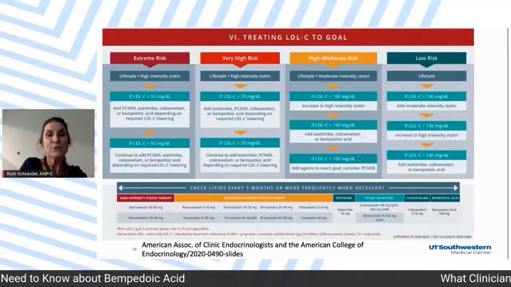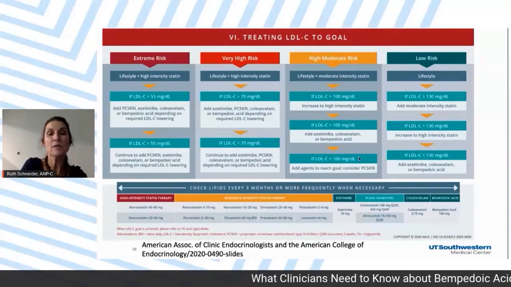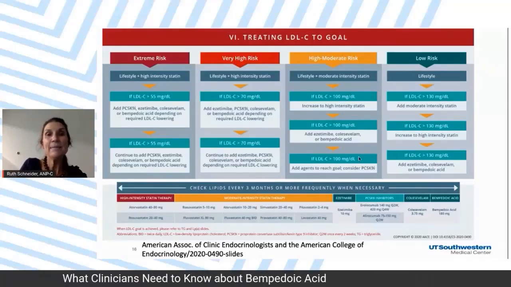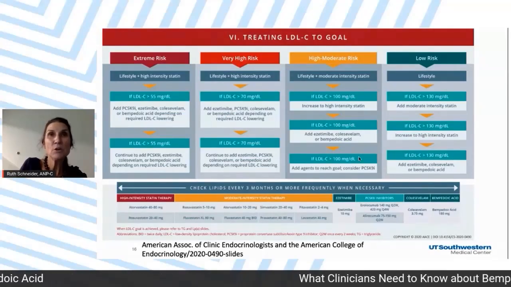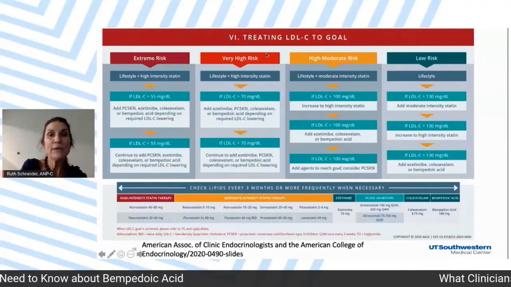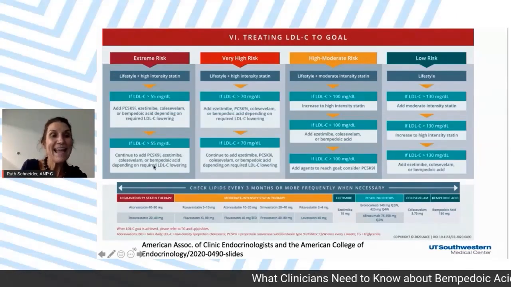All right. So this next slide looks at the American Association of Clinical Endocrinologists and the American College of Endocrinology. They came out with updated LDL goals in late 2020. So bempedoic acid had been approved at that time. I just wanted to show you that across the board, from extreme risk to very high risk to moderate risk to low risk, they added bempedoic acid in.